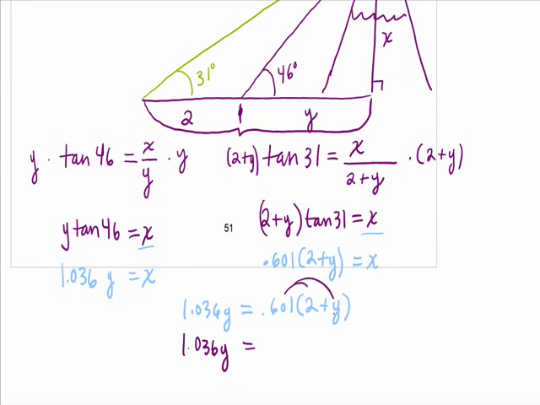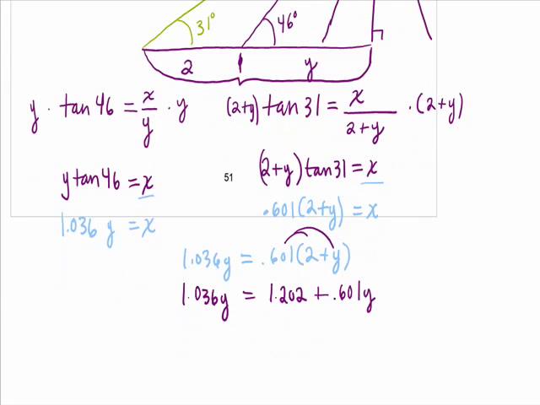Over here, I get 1.202. How did I do that so fast? Plus 0.601y. Mr. Stern, what should I do next? Let's subtract 0.601y from both sides. Yeah, we need to gather our variables.